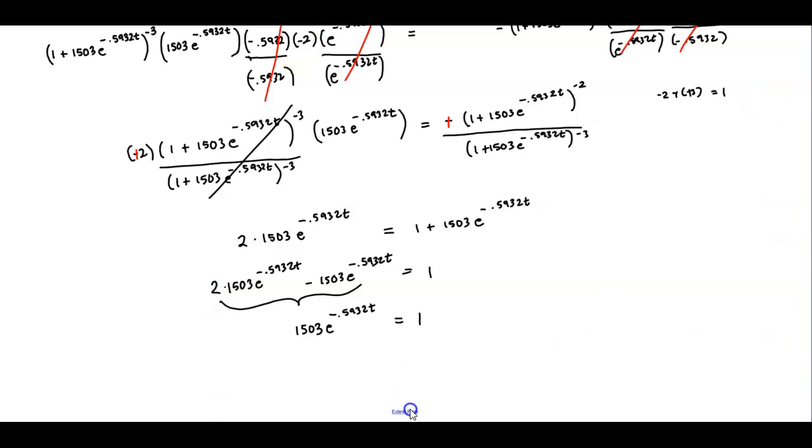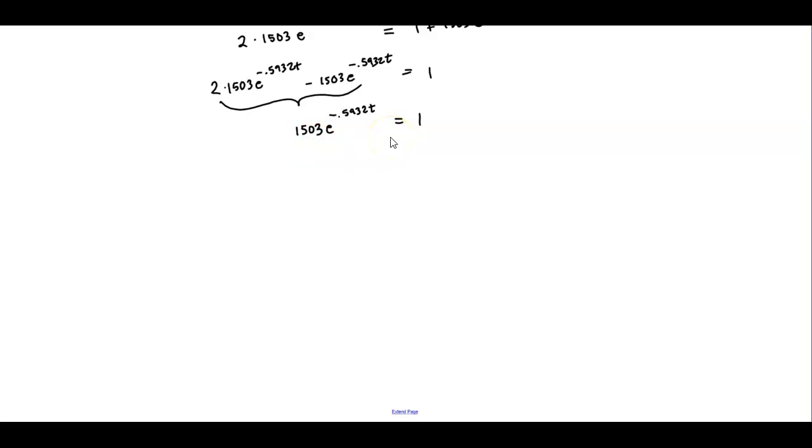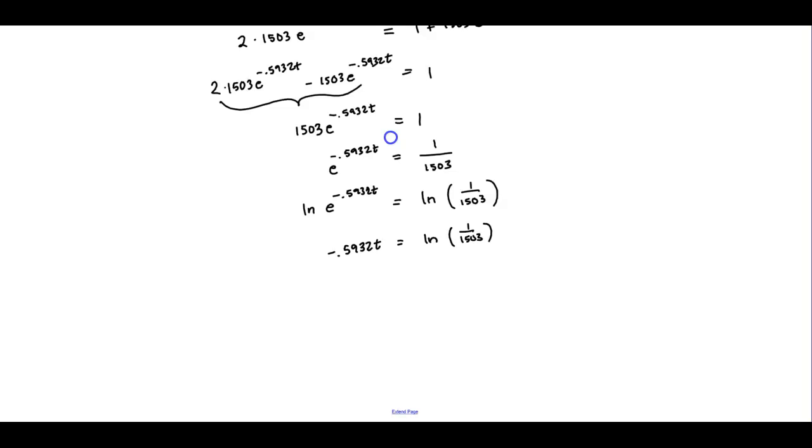So now we're going to be able to use logarithms. We divide by 1503, so we get e to the negative 0.5932t equals 1 over 1503. And then we take the natural log of both sides, so we get negative 0.5932t equals the natural log of 1 over 1503.